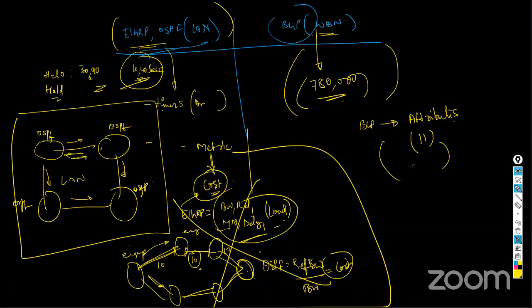I might not be able to cover it today; I may take it in the next part of this webinar. Some of them are weight, local preference, AS path, origin, MED. So these are some of the 11 attributes which are used to make the decision.